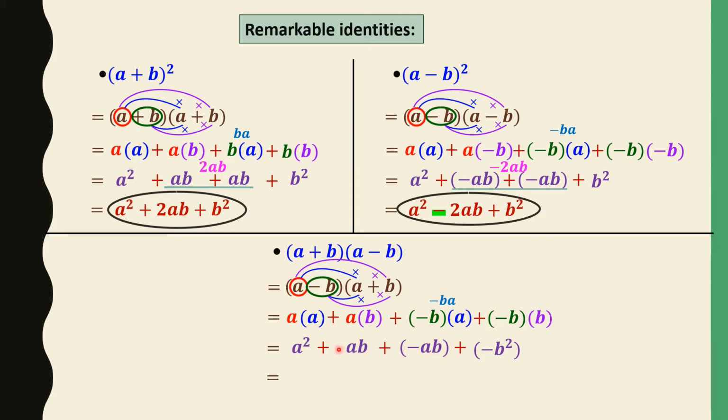Here, if you notice, 1ab and negative 1ab, their coefficients are opposite numbers, so their sum is 0. What remains is a squared minus b squared. This is the expanded form of a plus b into a minus b, or of a minus b into a plus b. They both have the same expanded form.